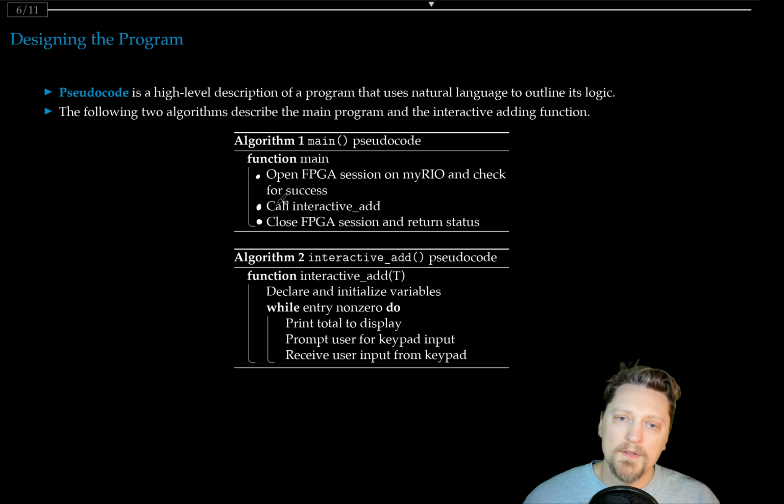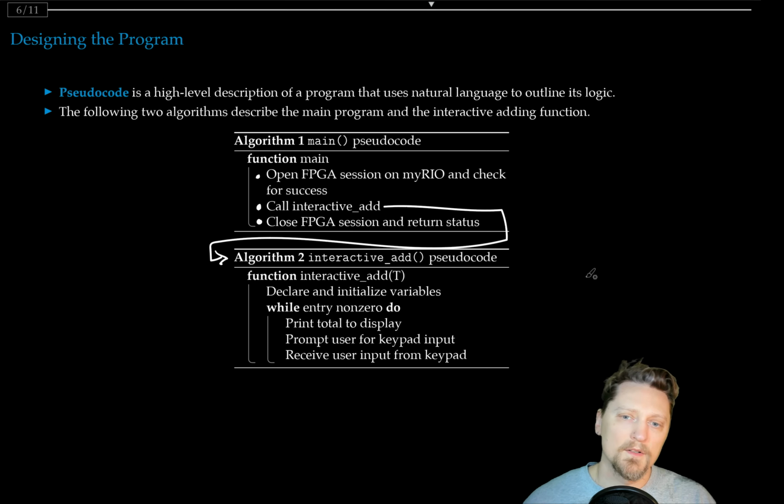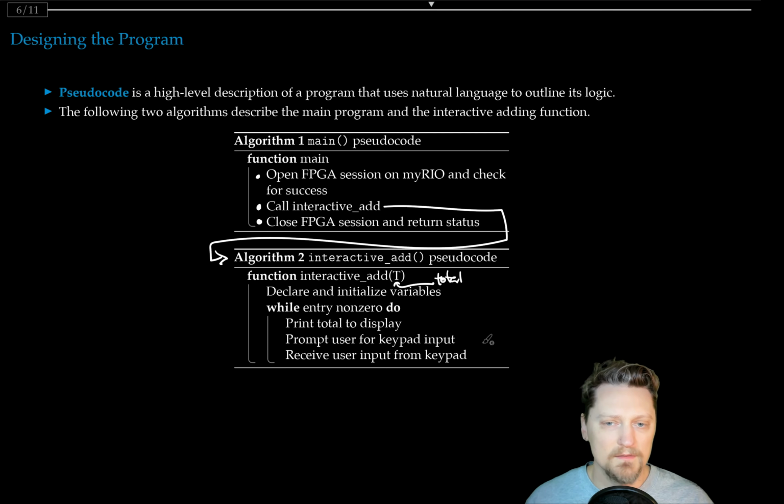Okay, algorithm 2, which is called from this interactive add call here. So this is calling algorithm 2, interactive add. This function takes an argument, T, which is the total. And that's where the total is going to start. So we could start at any value, but we'll call with 0 as the default in our program, because usually you would start at 0 when you're about to add a bunch of numbers.